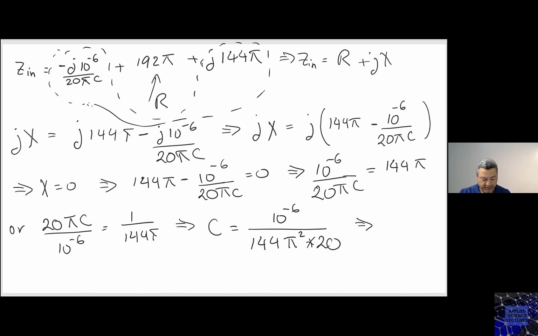So C is 0.35 times 10 to the power minus 10 farad.